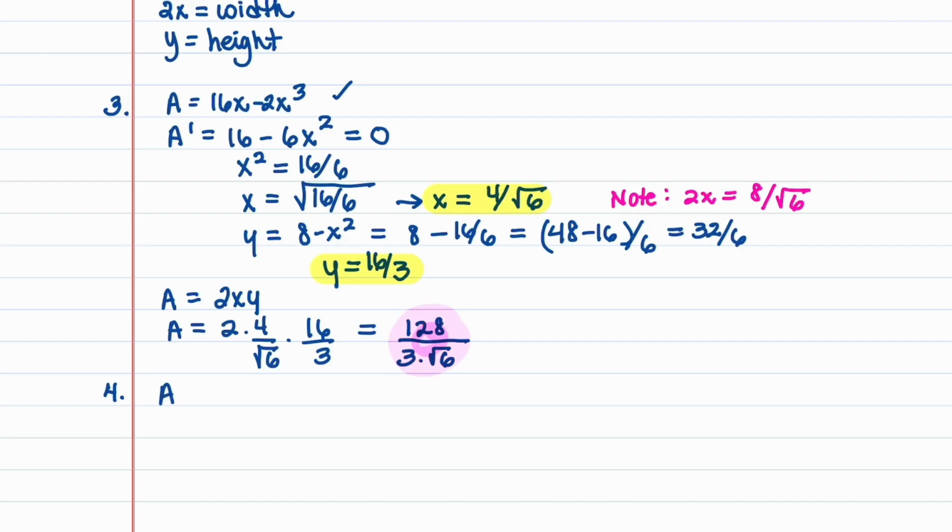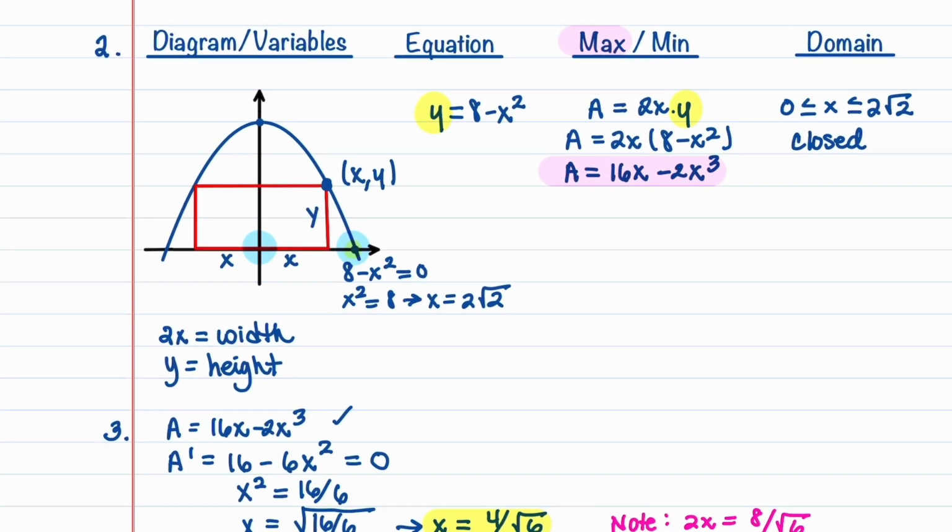A at 0 is equal to 2xy when x is 0. So this is just equal to 0. And then A at 2 root 2 is equal to 2 times 2 root 2. And then let's go back up here. At this point right here, y is 0.